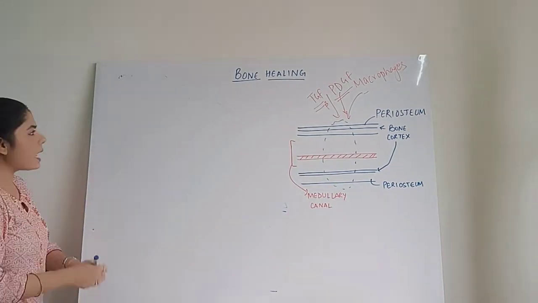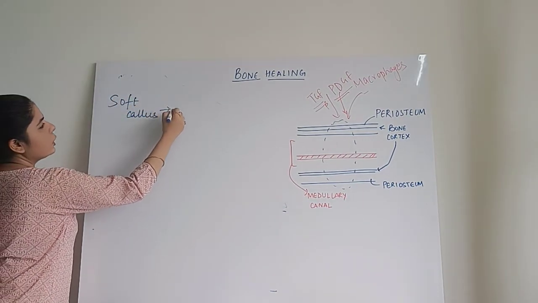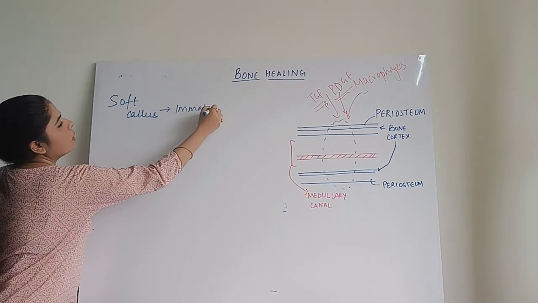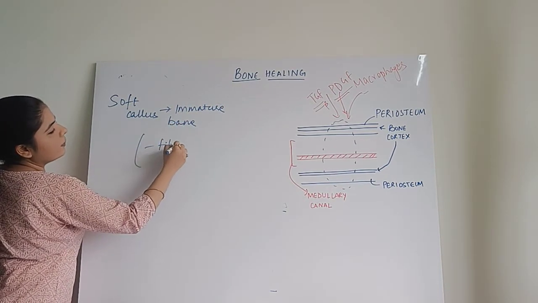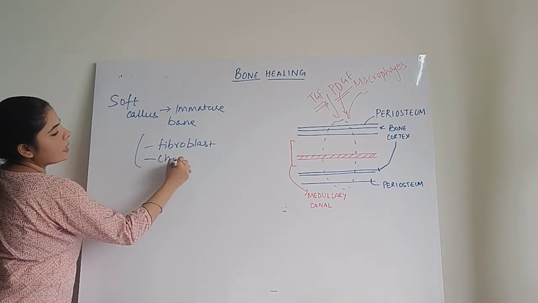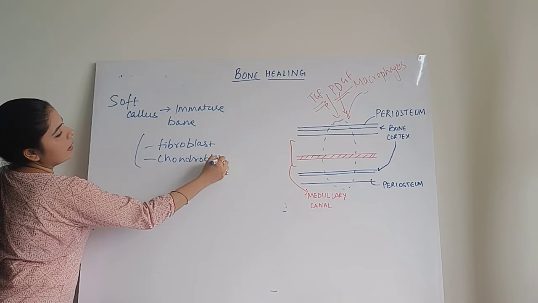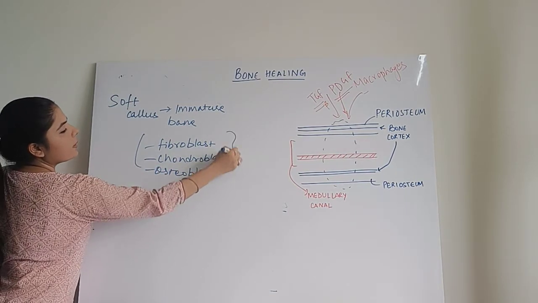What is hard? What is soft callus initially? Soft callus was comprising of immature bone. And what is this immature bone? This was made up of fibroblast, chondroblast, and osteoblast, right? And what were all of them forming?